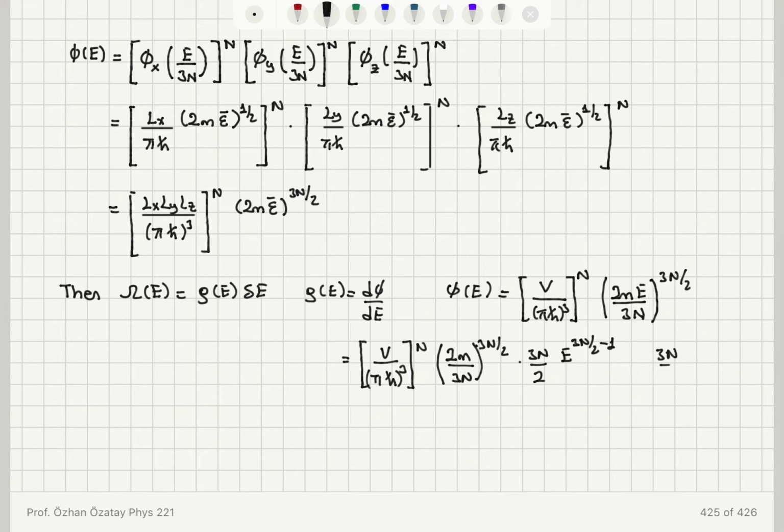Well, 3N over 2 is much greater than 1 because N is of the order of Avogadro's number, so we can safely neglect this minus 1 here.